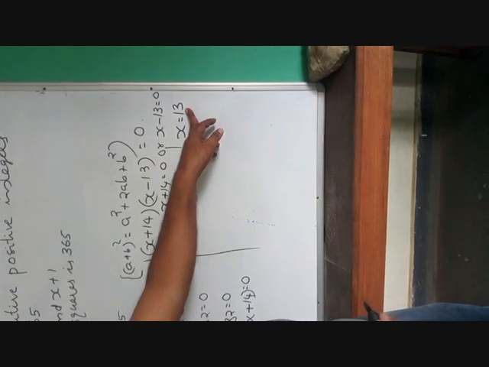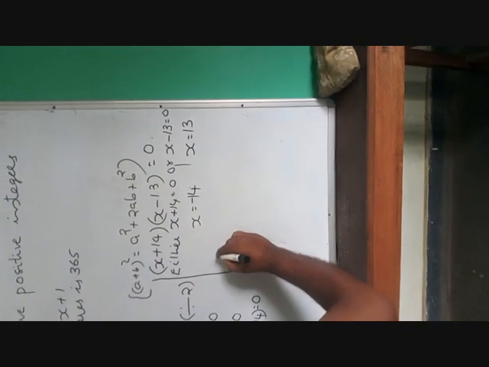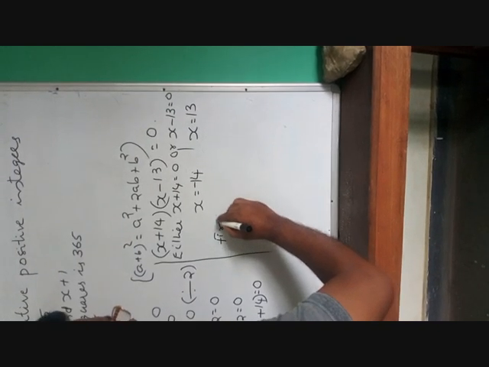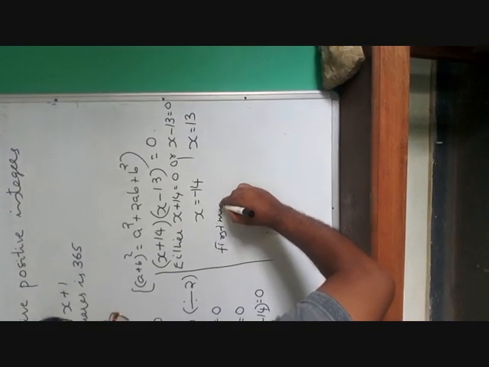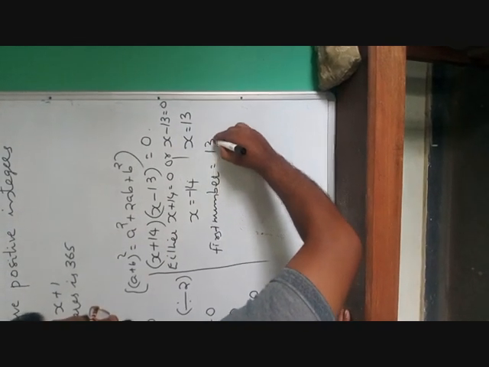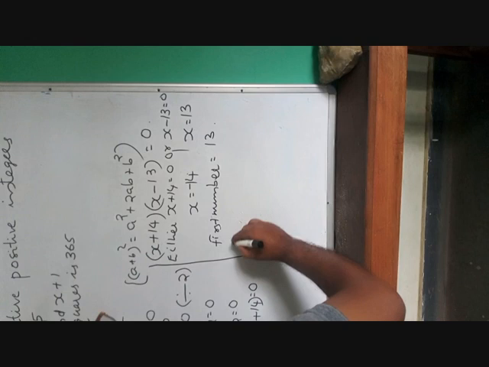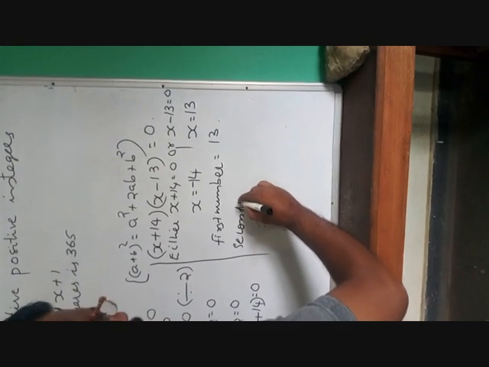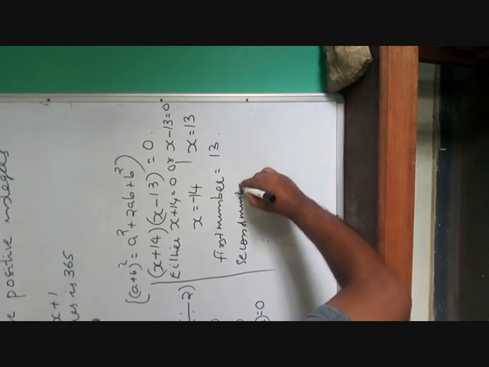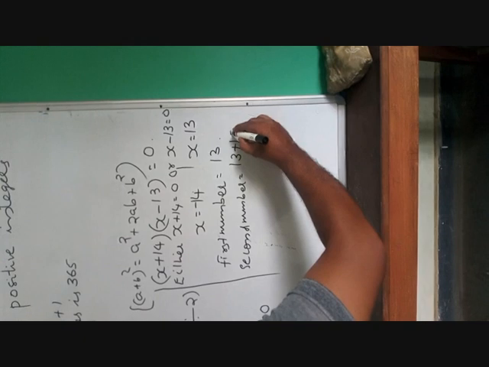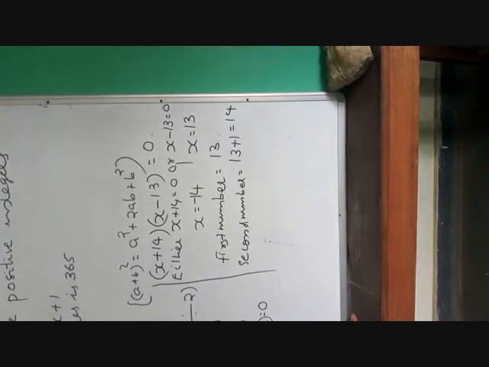The first number is 13. Here we can write first number is equal to 13. Second number is equal to 13 plus 1, that is equal to 14.